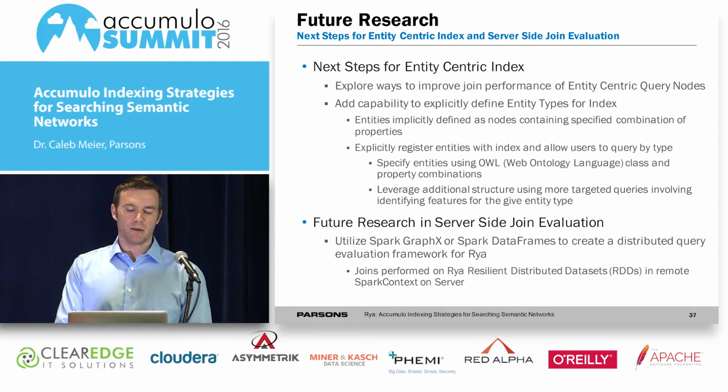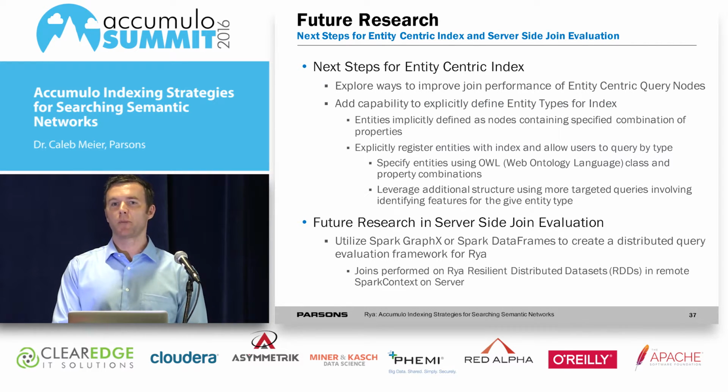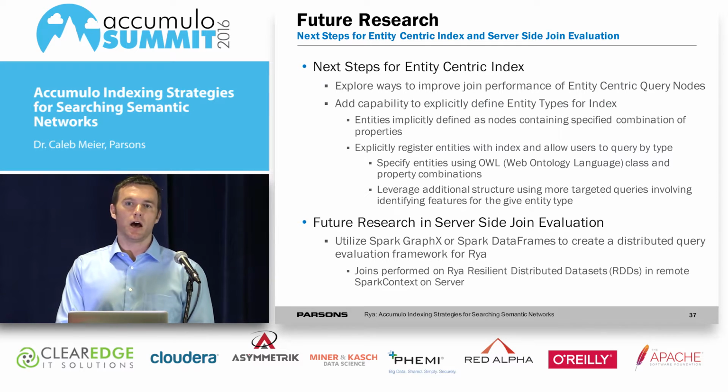So we're not putting any restrictions on the collections of properties that entities have, or forcing users to register notions of an entity from maybe an OWL-like class perspective, and maybe adding an extra layer to do that, and leveraging that to boost query performance and provide a more rigid schema.